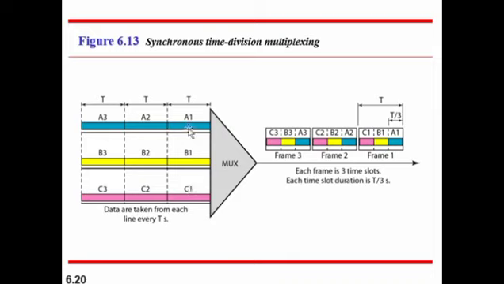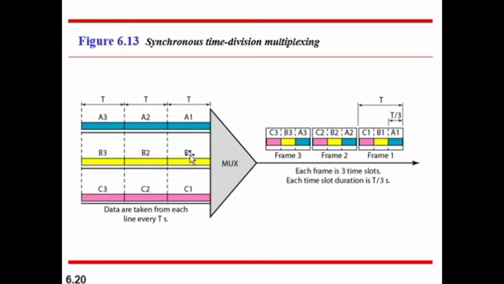You can see it has taken A1, B1, C1. Then after passing to the multiplexer, they have made a frame of one bit from here, one from here, one from here, right? So this is how synchronous time division multiplexing works.